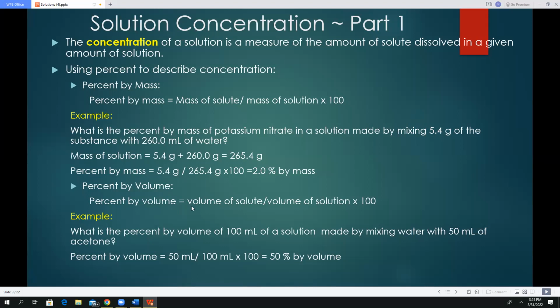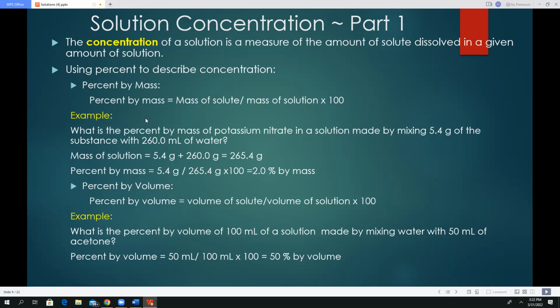Now, percent by volume is the same thing, except it's done by volume. The one thing that you have to pay attention to is that the volumes and the mass have to be in the same units. You notice it says here it's diluted into milliliters of water, but water is a 1 gram per milliliter density.